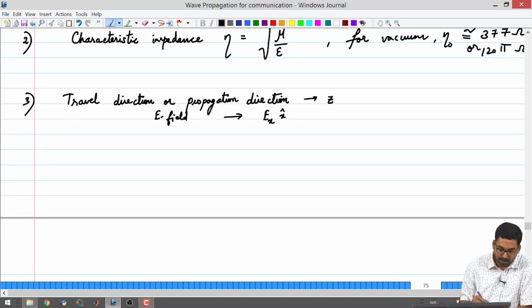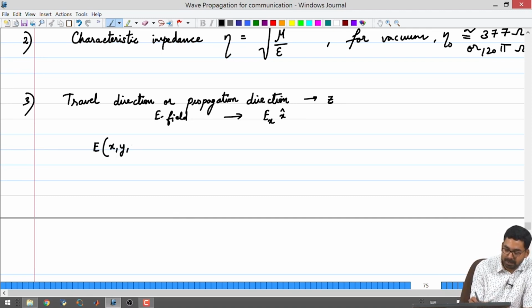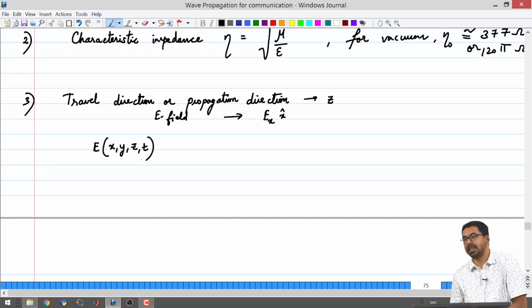If this is the case, the electric field in general is a function of both space and time, just like your voltage is a function of space and time. Previously we had written V of z comma t. Here, just to be clear, because it is a vector quantity, you can always start with a general description of E and say that it depends on x, y, z, t, just to say that it depends upon space and time.